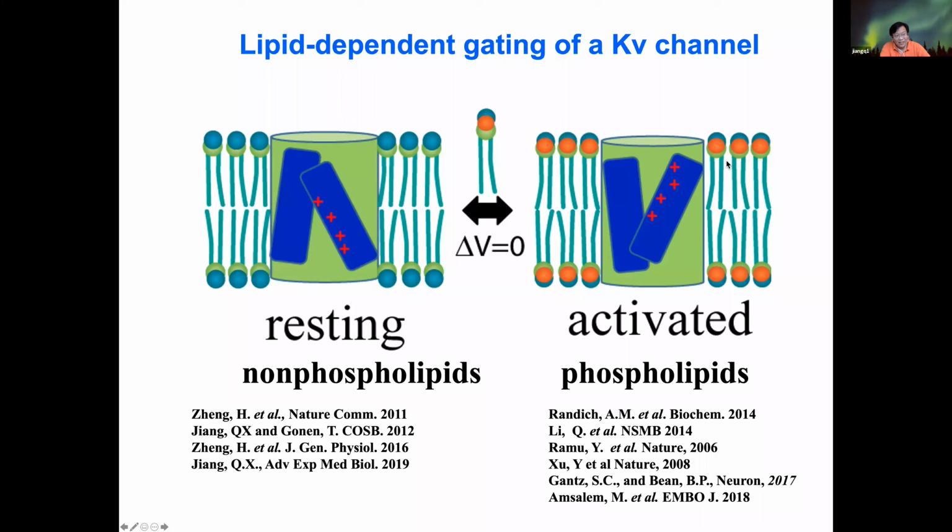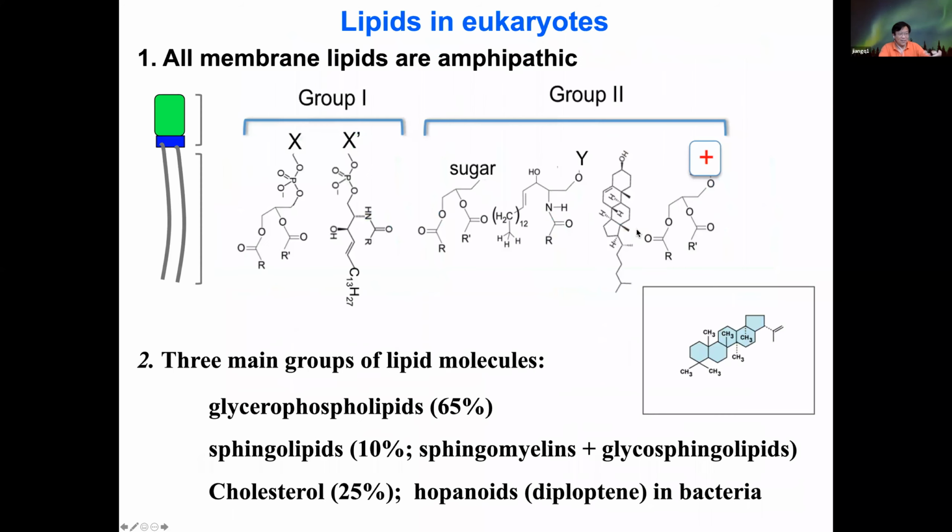In a bilayer which contains phosphate groups, the voltage sensor is favored in the active conformation. We have a lot of biophysical evidence supporting that. The question is really whether there's any physiological relevance here.